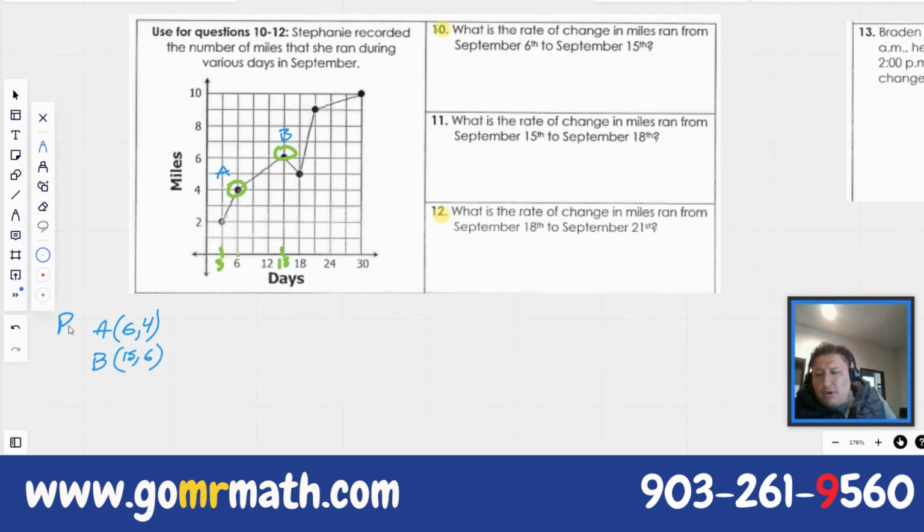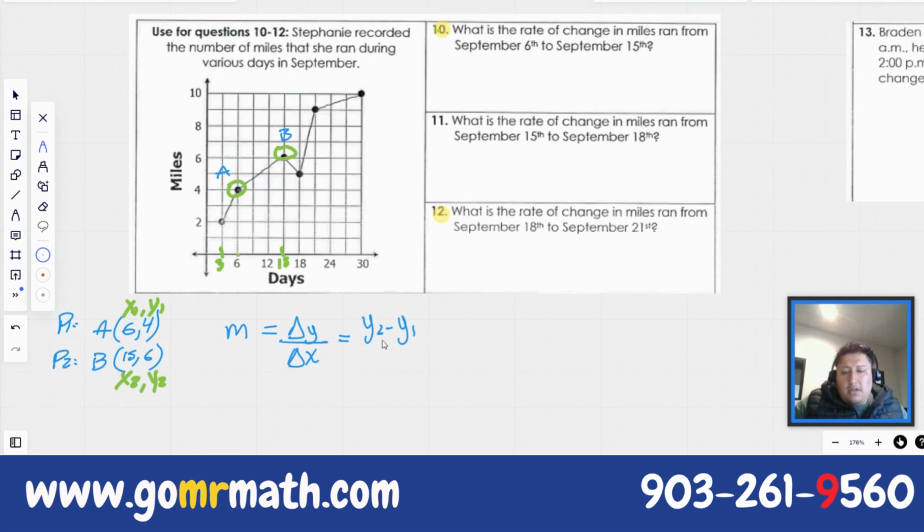If I call this one my point 1 and my point 2, the point 1 should have the coordinates x1, y1, and the point 2 x2, y2. Very simple, right? If I call point 3, the coordinates should be x3, y3. Another way we can read the slope, we know that it is delta y divided by delta x, the change in y divided by the change in x, which is y2 minus y1 over x2 minus x1.